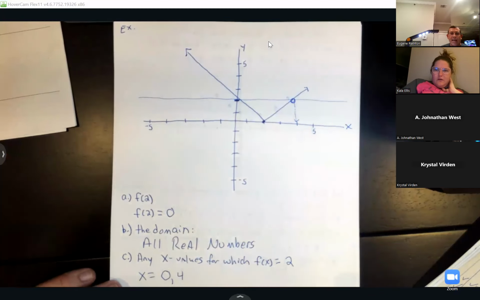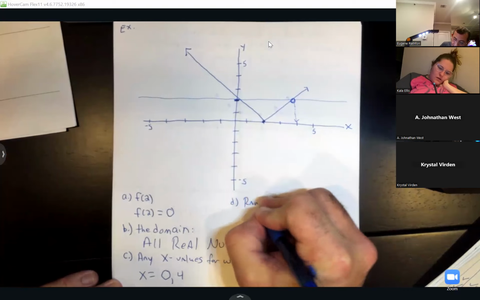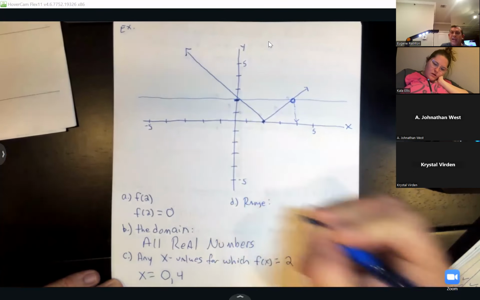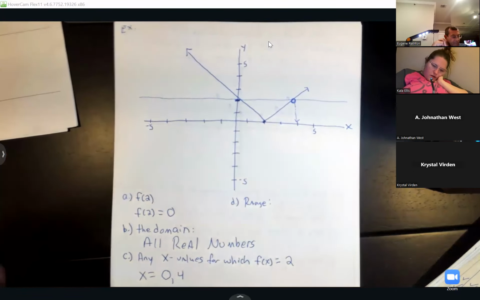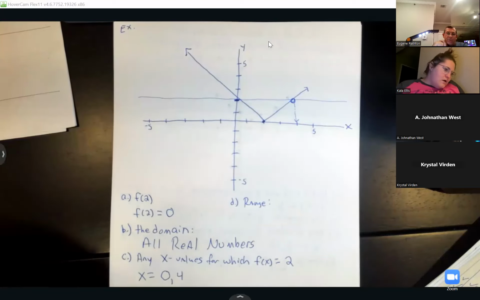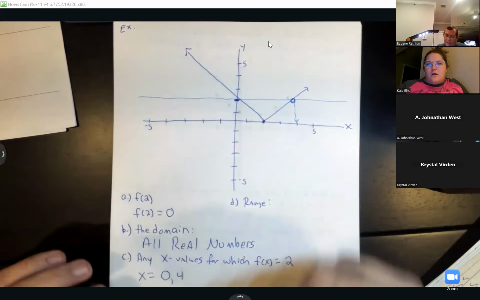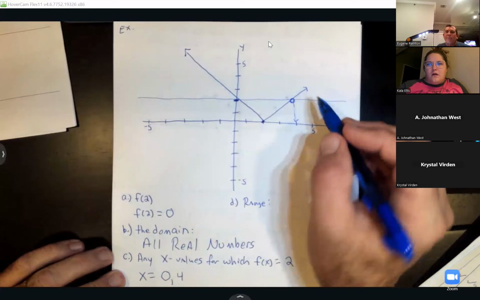And y'all guess what the last thing for this one is? The range. And now remember, the range is my y values. So here's the thing. You got the lines going up.